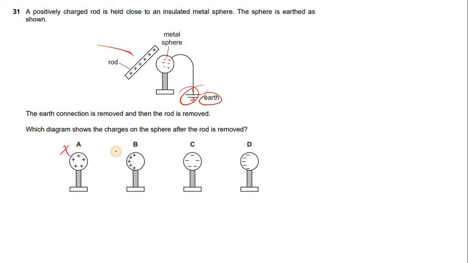So option A and option B are immediately gone, because we cannot have X's positive charge. Yes, we can have option C or D, but we need to choose the best option, because electrons are freely moving. Once the positive rod is removed, these electrons start repelling each other and are uniformly distributed away from each other at equal distance.